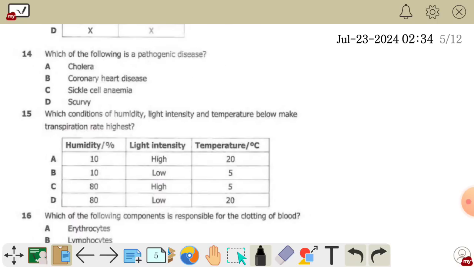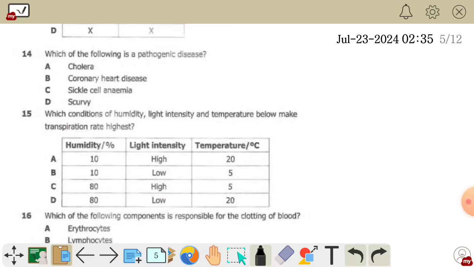Those microorganisms which cause diseases are called pathogens. Examples of pathogenic microorganisms are viruses, fungi, and bacteria. Among all these diseases, the one caused by a microorganism is cholera.